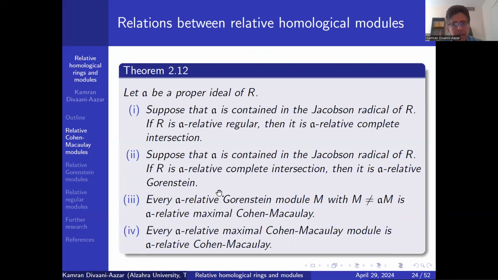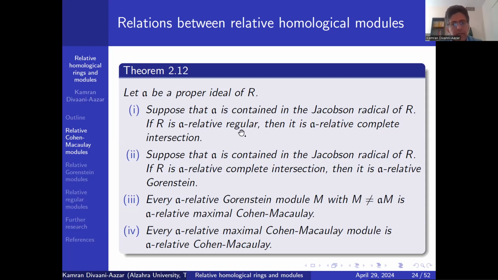I showed you an implication display for different types of homological rings. So we may ask whether a similar implication display holds for relative homological modules and rings. The answer is yes. We have in this regard this theorem. Suppose that the ideal A is contained in the Jacobson radical.